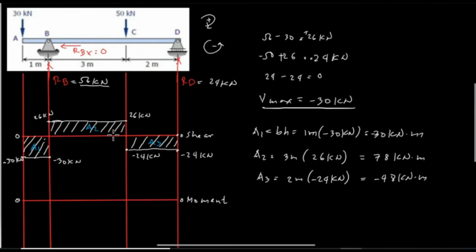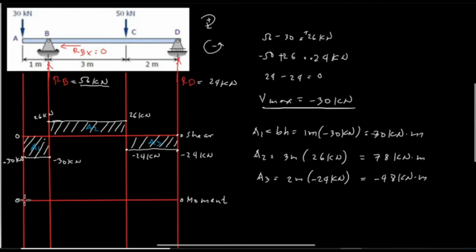Then we plot from A, which is to the left, going to the right, which is at D, and we need to have a value of 0 at point A, and the final value at point D is also 0.